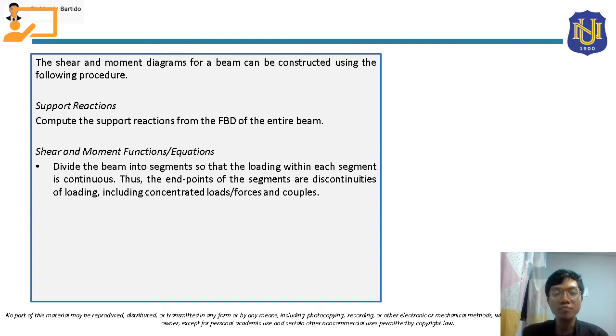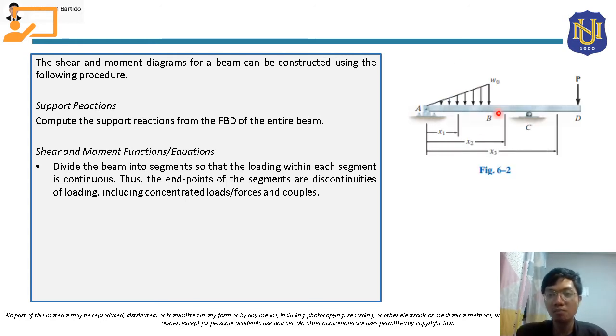For establishing the shear and moment functions, this will be the step. The first one, we have to divide the beam into segments so that the loading within each segment is continuous. Thus, the endpoints of the segments are discontinuities of loadings, including concentrated loads or forces and couples.